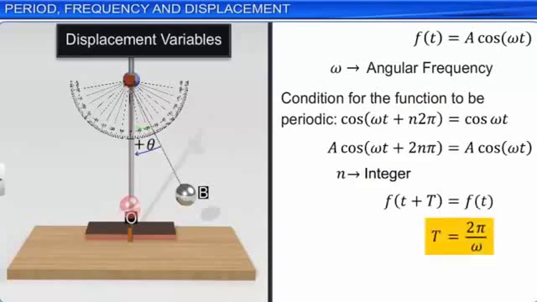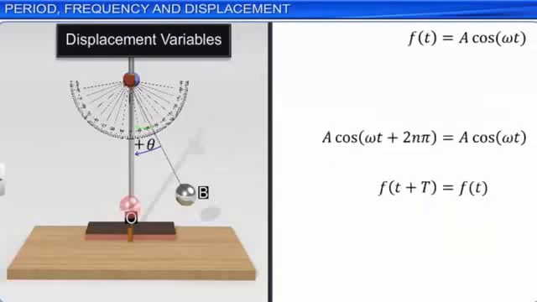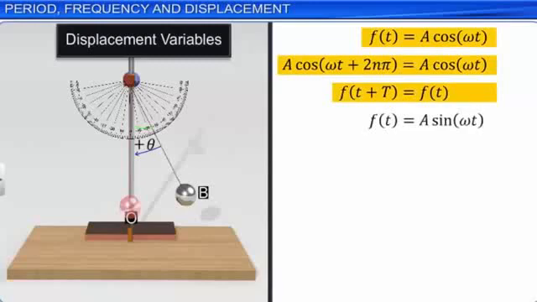The function f(t) = a sin ωt is also a periodic function, which implies that a sin(ωt + 2nπ) is equal to a sin ωt. A linear combination of two periodic functions is also periodic.